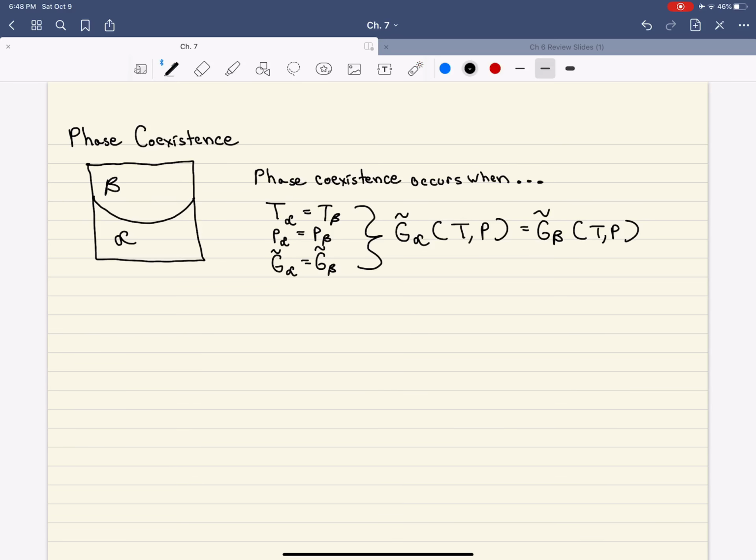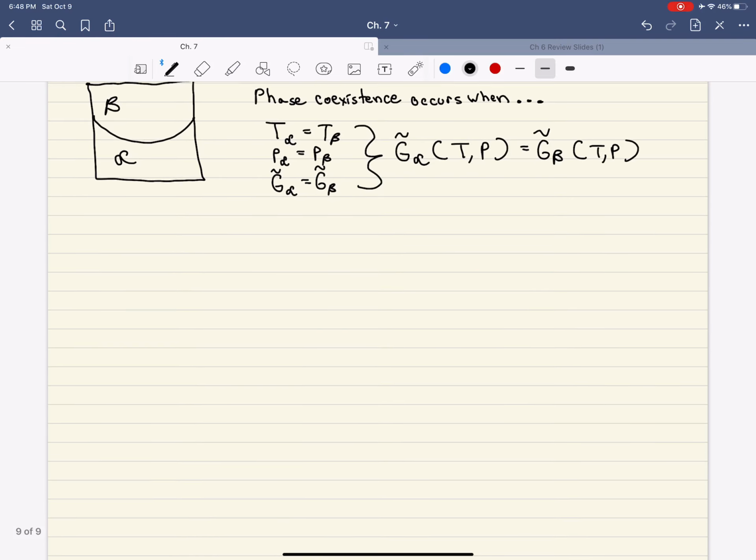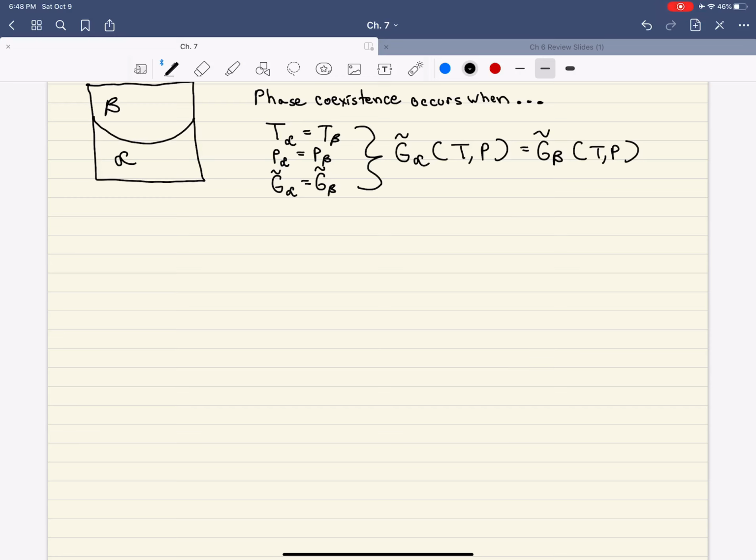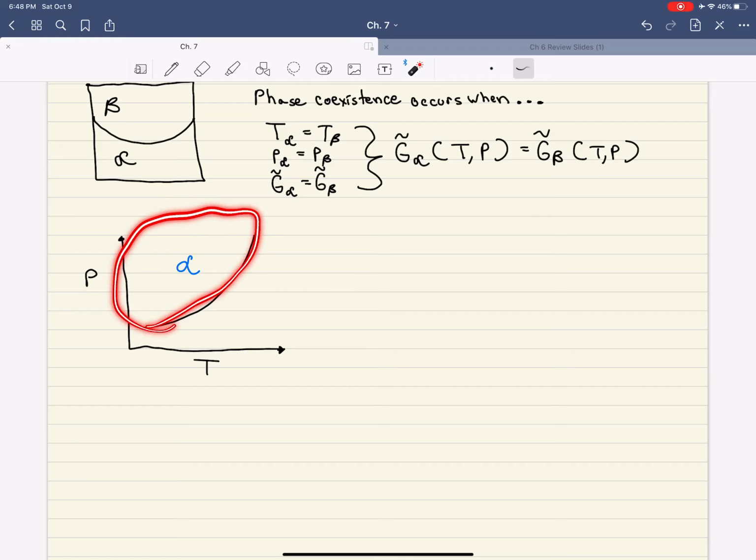We did this mathematically, but let's try to visualize what's going on. What does this all actually mean? I'm going to re-describe this whole situation, but instead I'm going to visualize it using a pressure-temperature phase diagram. In one region of the phase diagram we have the alpha phase, which could be the solid, and in another region we have the beta phase.